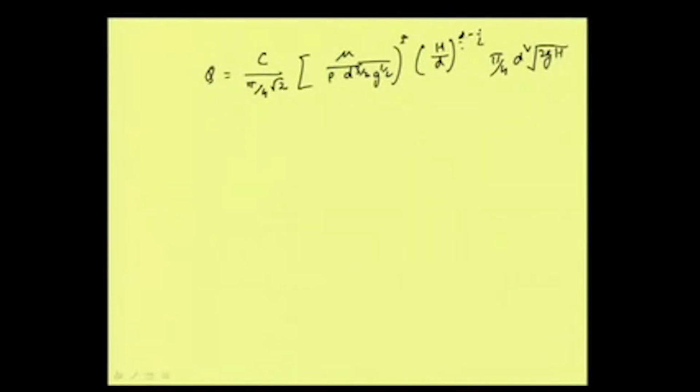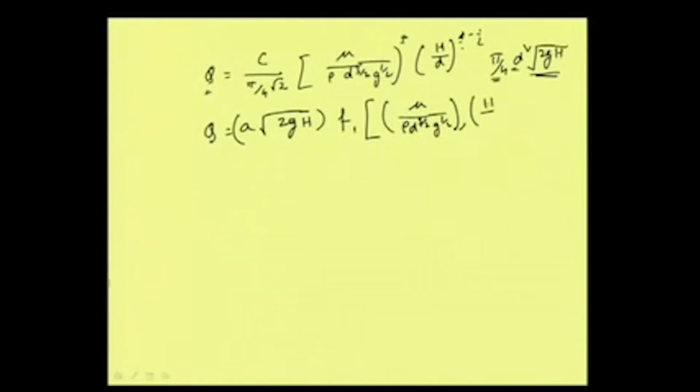We cannot get the exact value of this one, but from this expression we know that Q can be written with some constants, and this constant we can put inside. So we can say Q is equal to A root over twice GH, and the rest we can put as a function of the other things: mu by rho D to the power 3 by 2, then G to the power half, then H by D, and that way we can complete our relation.